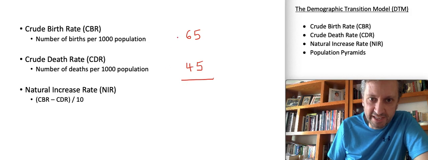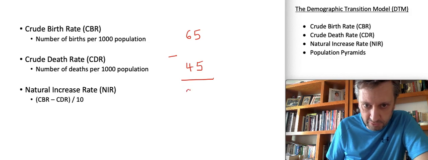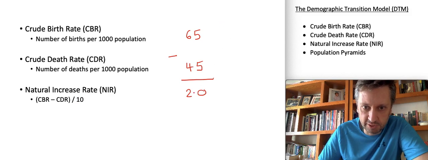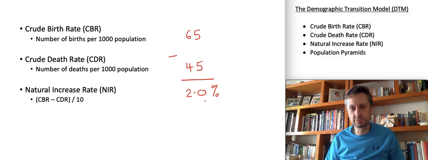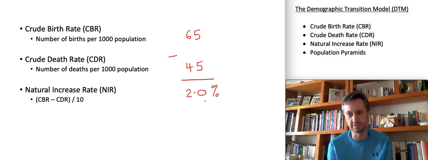The natural increase is going to be 65 minus 45, which hopefully my math is correct, which is 20. In order to convert that into a natural increase rate, in terms of percentage, we need to divide that number by 10, which gives us a natural increase rate of 2%. Sometimes that's called a growth rate. So a growth rate or natural increase rate of 2%.